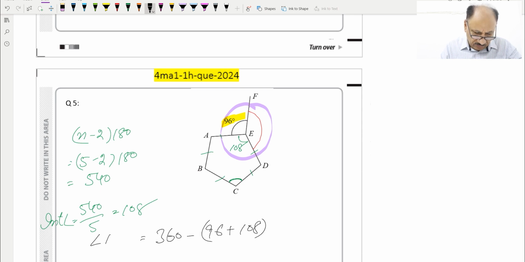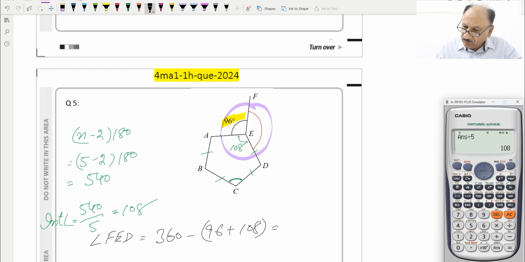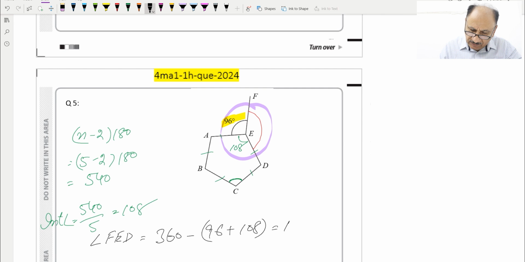They are asking for angle FED, and this will be equal to 360 minus in brackets 96 plus 108. Instead of 360 I have written 30. So this will be 360 over here, and 156. So 156 is our final answer, and this is for 4 marks, and this is done.